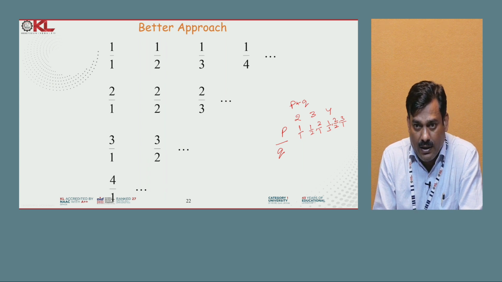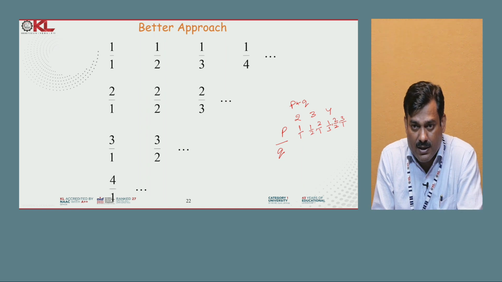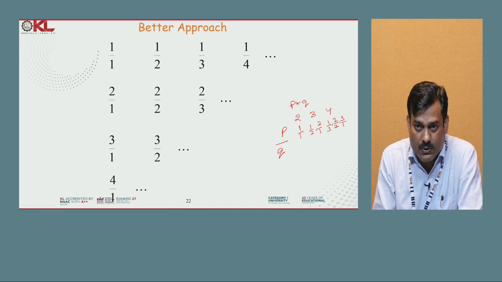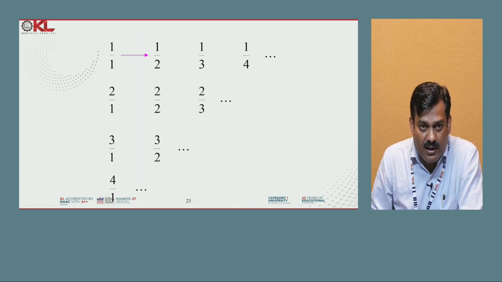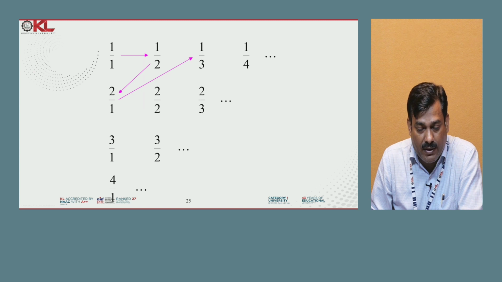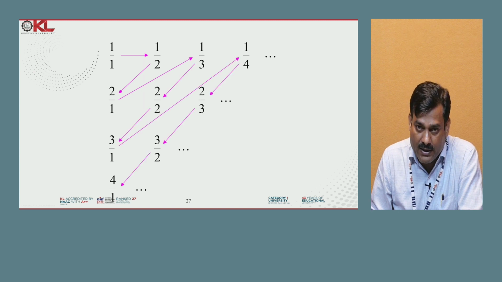In this way we provide the correspondence like this: first the sum 2, then the sum 3, then the sum 4. 1 by 1 we consider first, then 1 by 2, then 2 by 1, then 1 by 3, then 2 by 2, then 3 by 1, and so on.